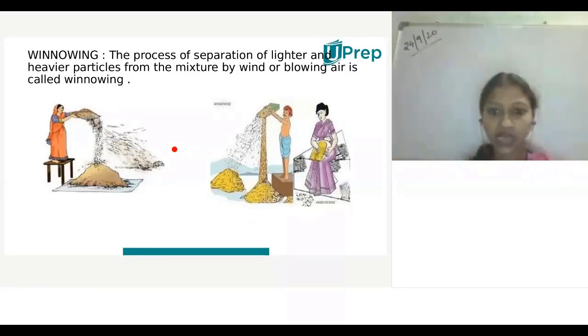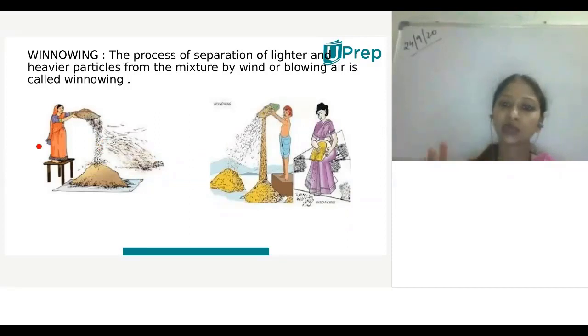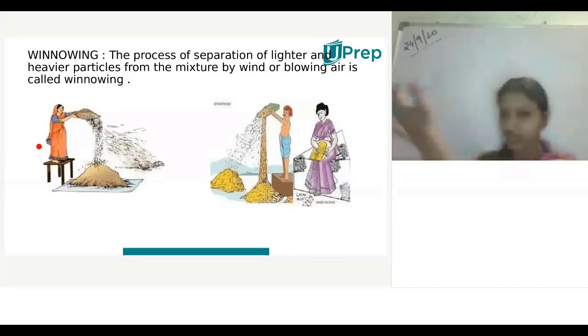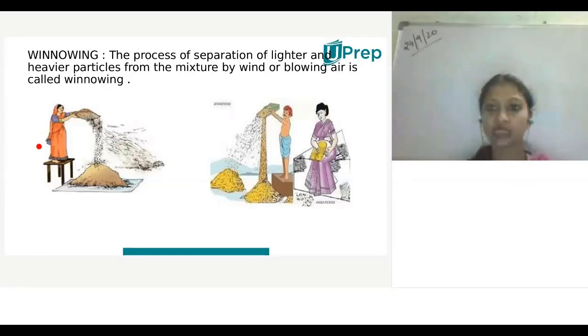The person stands at a height, and when he or she does the winnowing, the lighter husk particles or dirt particles are blown out. They stand opposite to the direction of the wind. Understood? So if the wind is this side, we stand like this and do it, so that with the force of the wind the husk blows out, and what is the rest? Our grains. It's a simple winnowing process.